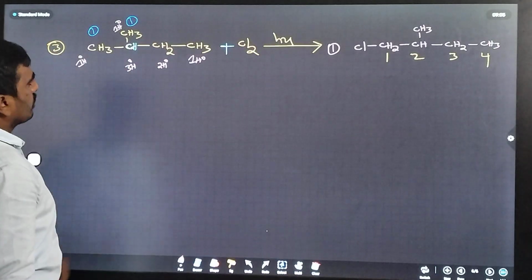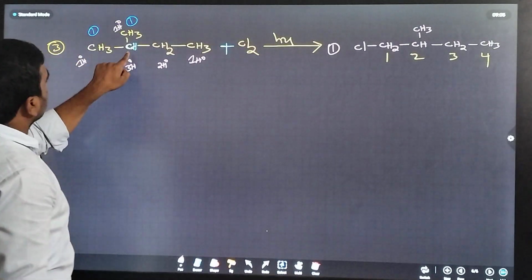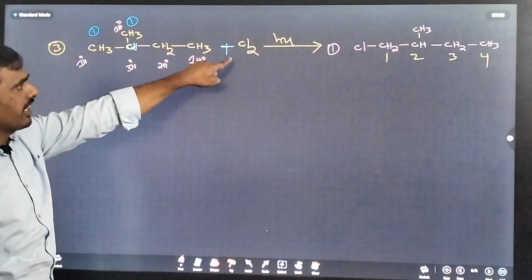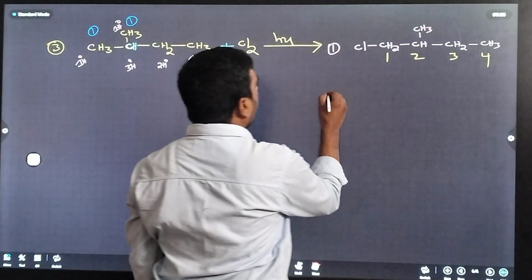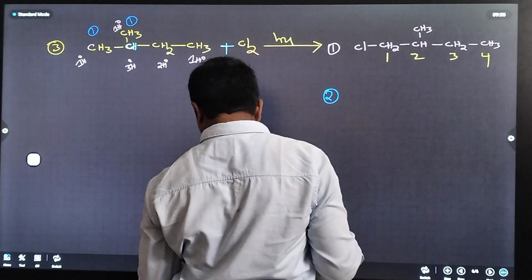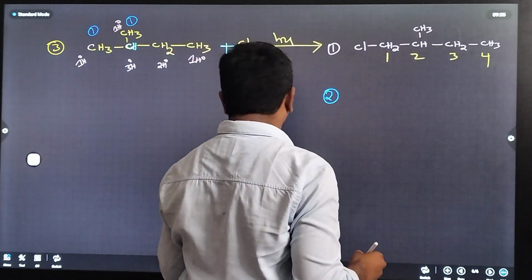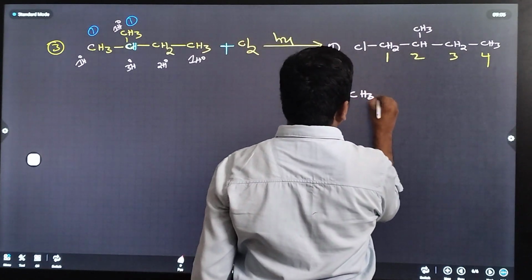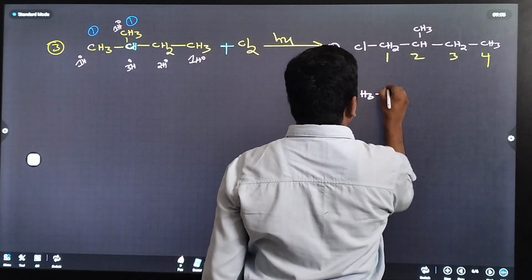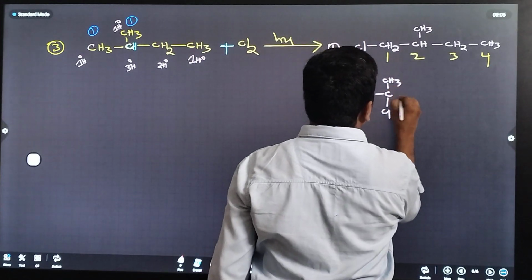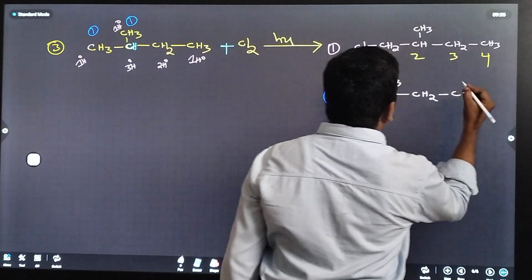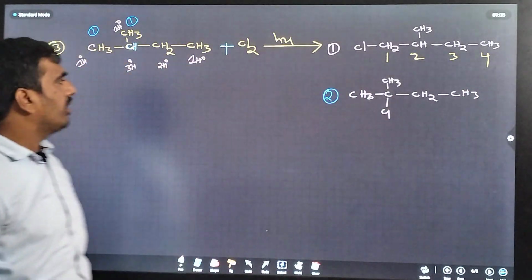Okay. So next, this hydrogen replaced by the chlorine atom, we get another product: CH3, Cl and CH3. So this compound name is 2 chloro 2 methyl butane.